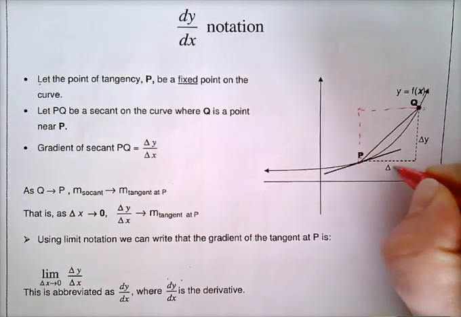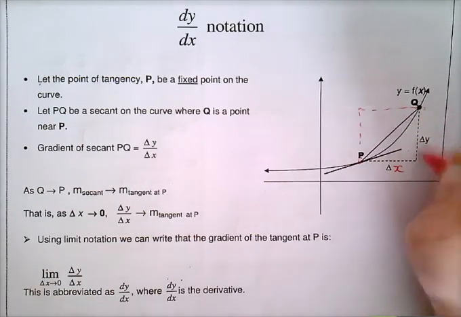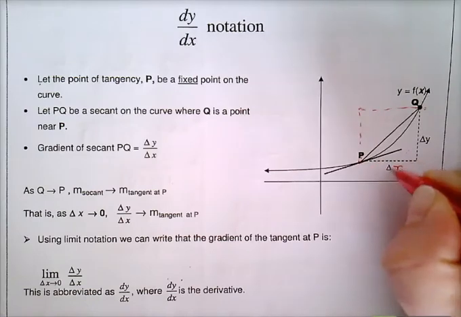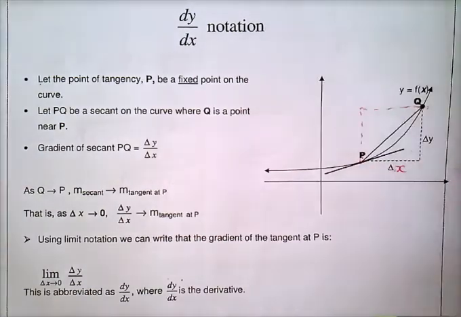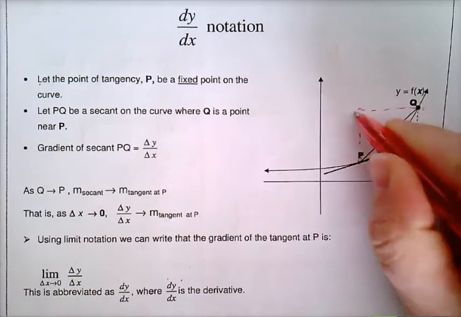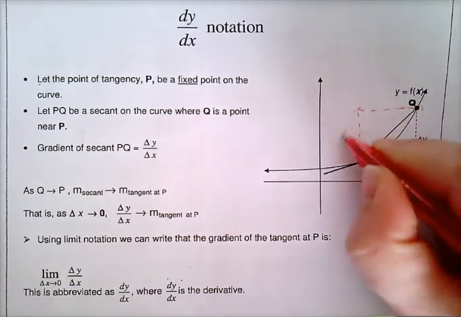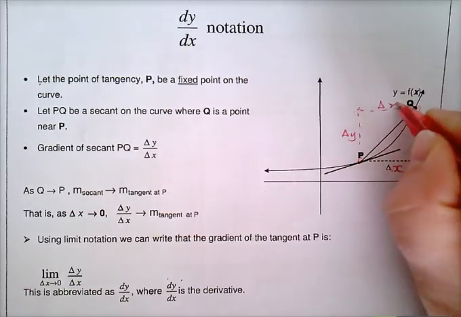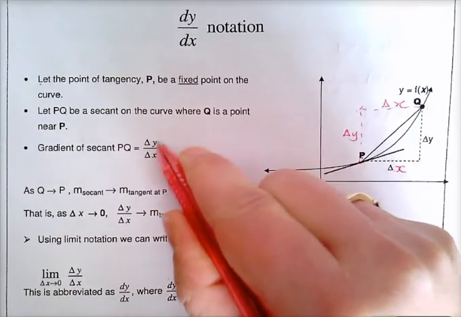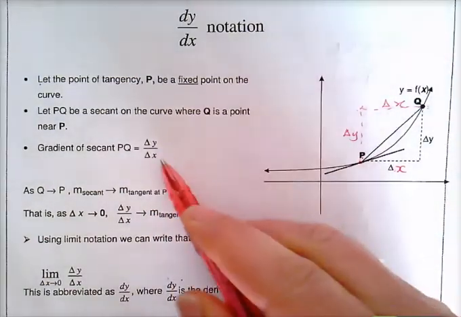Now, if we're saying that these values are very small, remember change in y means delta y, and change in x values means delta x. You may have seen that in science. So gradient is rise over run, which is the change in y values over the change in the x values. So the gradient of secant PQ is the change in y over the change in x.